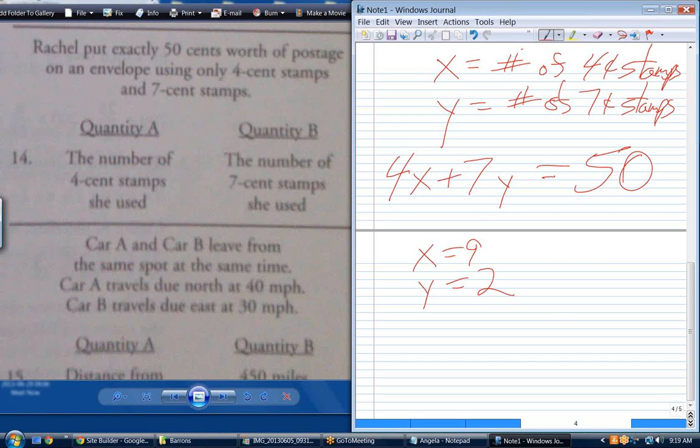No. 3? No. 2? Yes. Okay, so x can be 2, and what is y?